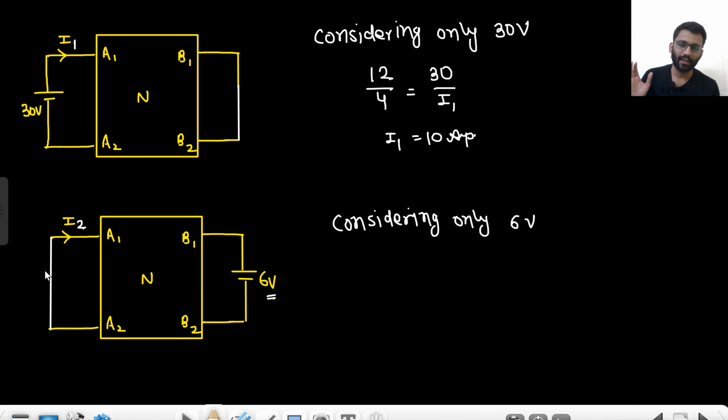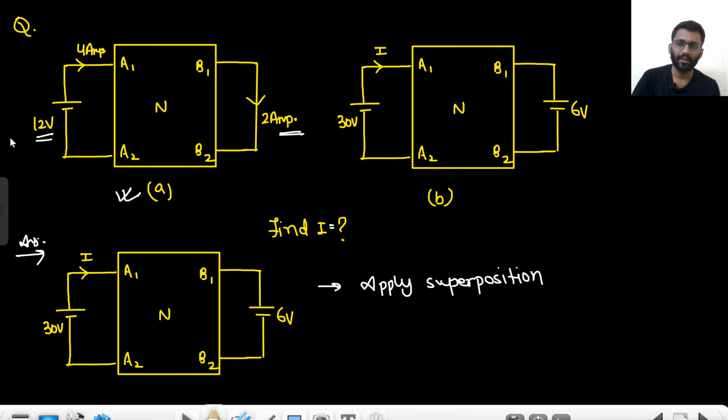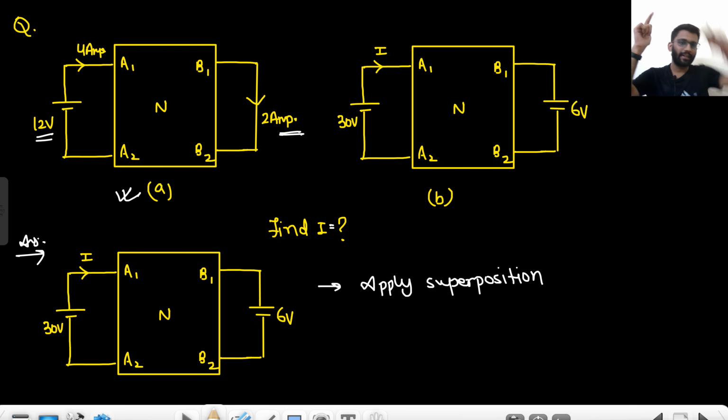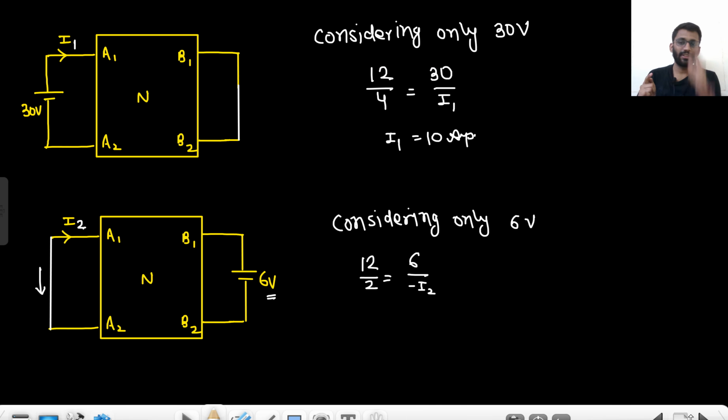If 6 volt is here, how much current would be there? 1 ampere, or 12 by 2 would be equal to 6 by minus I2, because I2's direction is this, but we are getting current in this direction. So the I2 value would be minus 1 ampere.